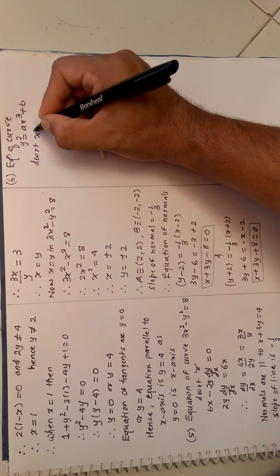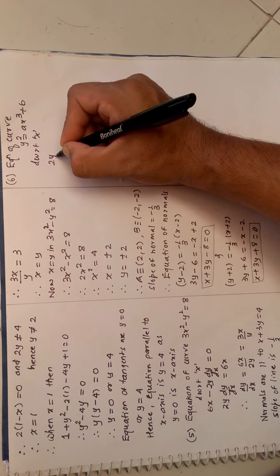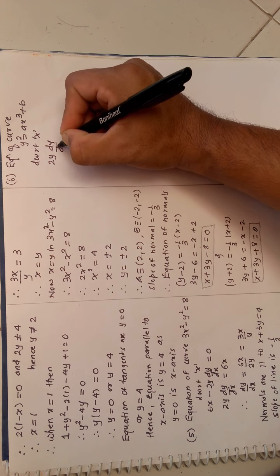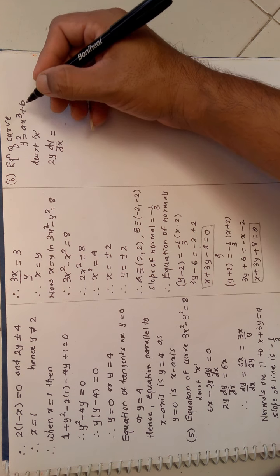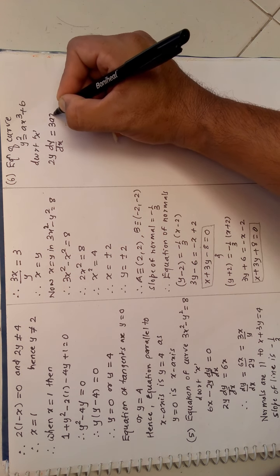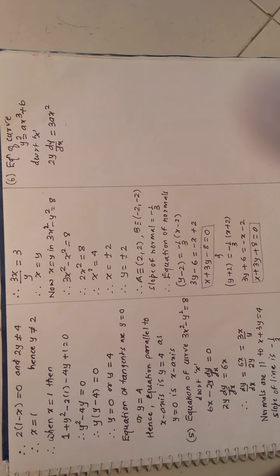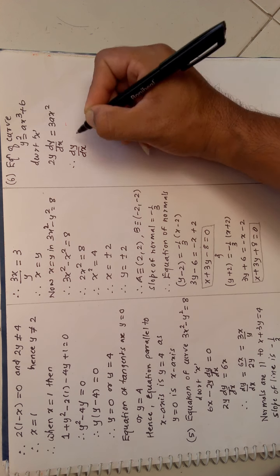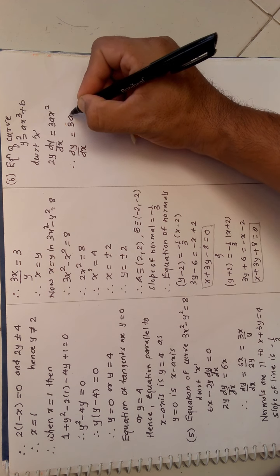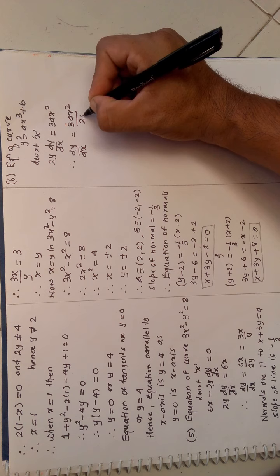So you will get here y square becoming 2y dy by dx is equal to x cube becomes 3x square. So this will become 3ax square, and b being constant becomes 0. So you get here dy by dx is equal to 3ax square upon 2y.